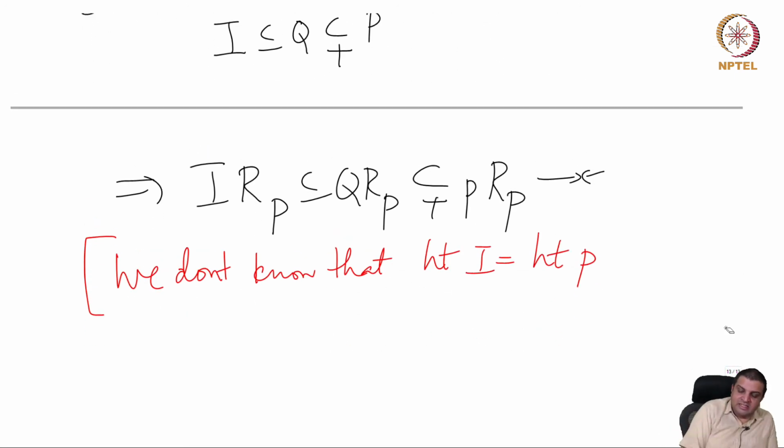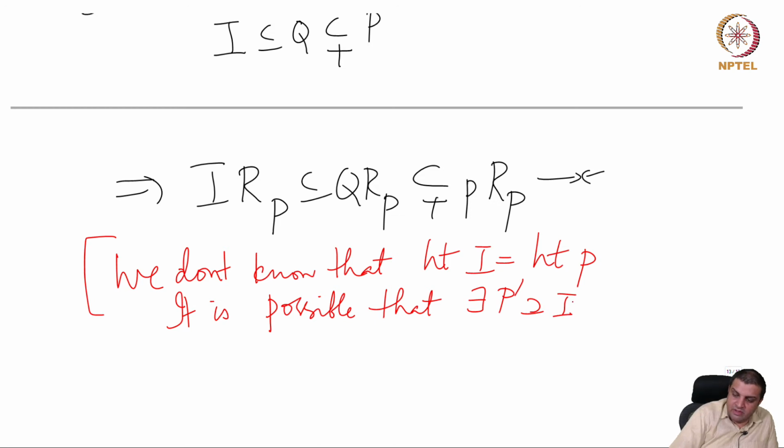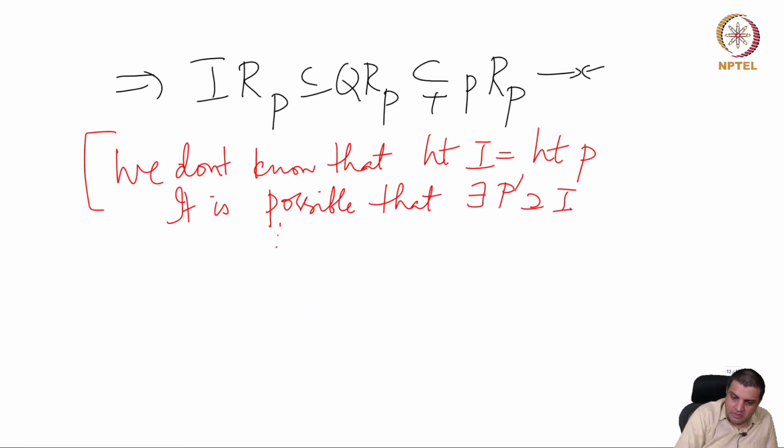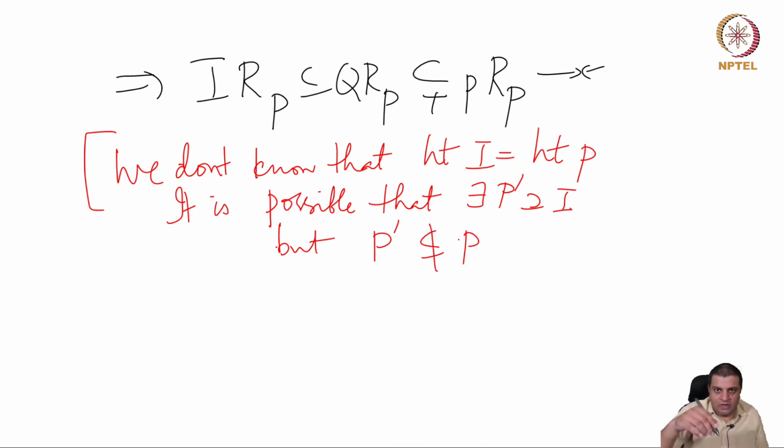It is possible that there exists some P prime containing I, but not inside P. Once you localize, that P prime became the whole ring, so one would not see it in the local ring at RP, but there might be some P prime of smaller height. So we are not saying anything about height of I.